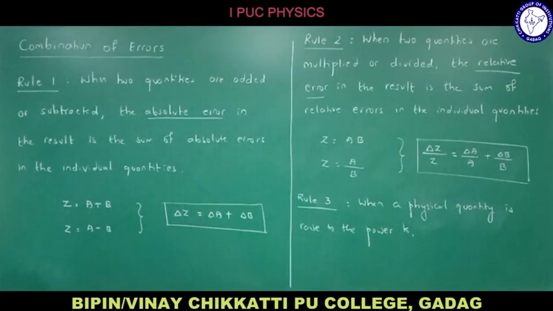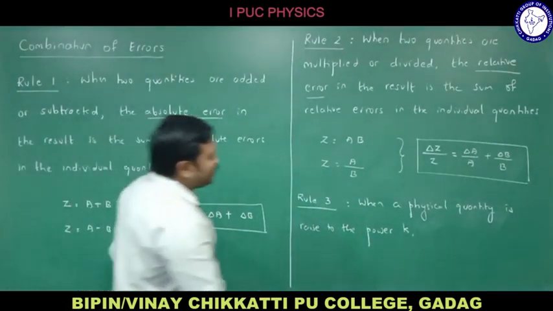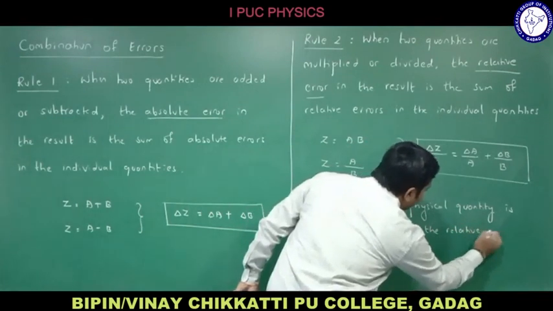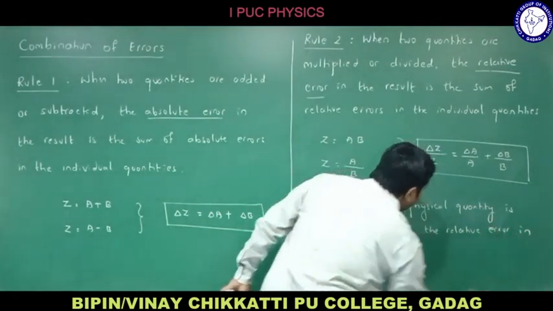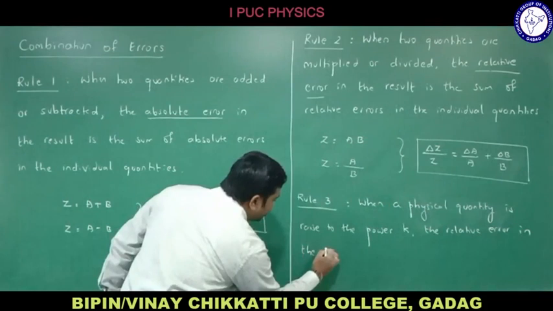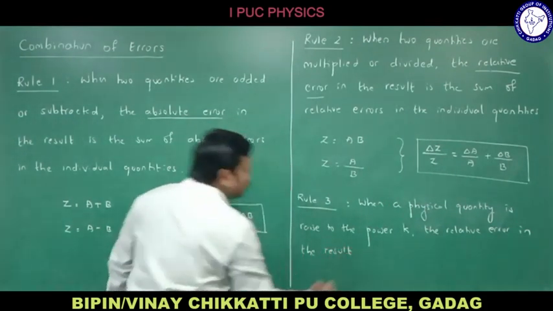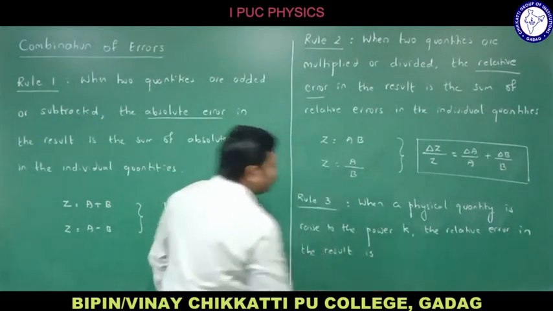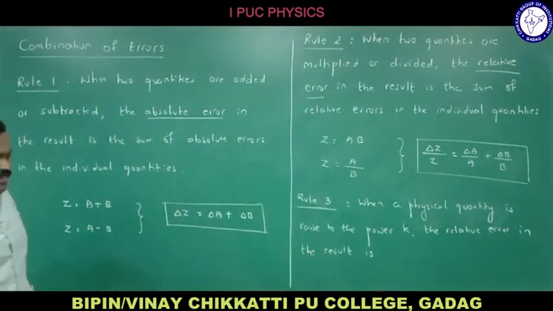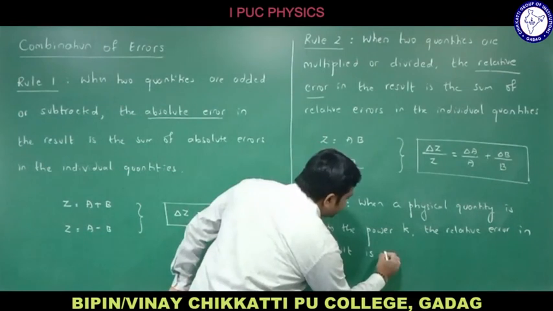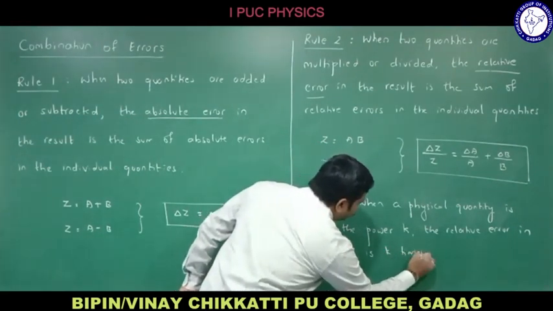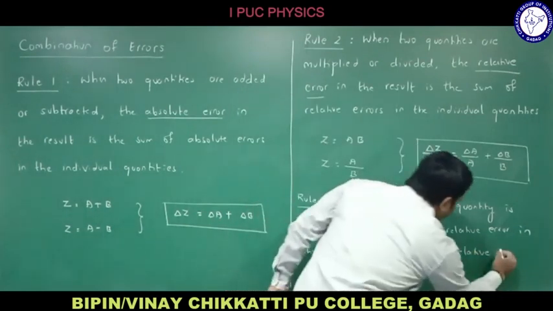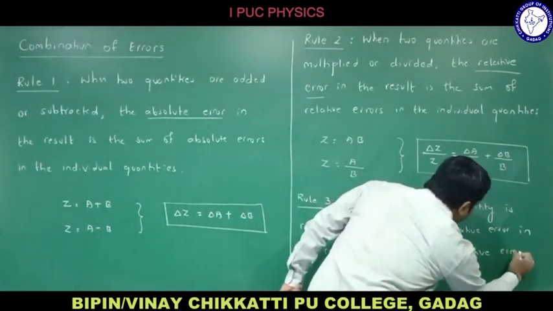When a physical quantity is raised to the power k, the relative error in the result is k times the relative error of the individual quantity.